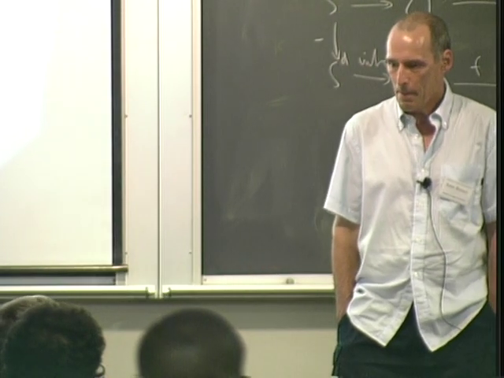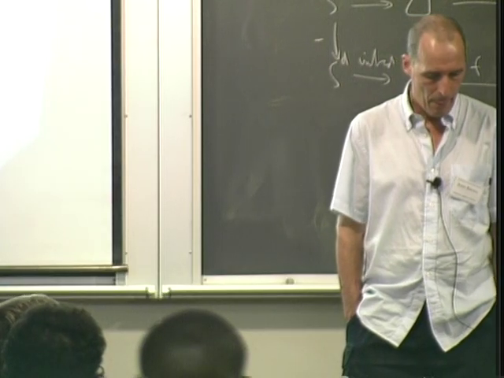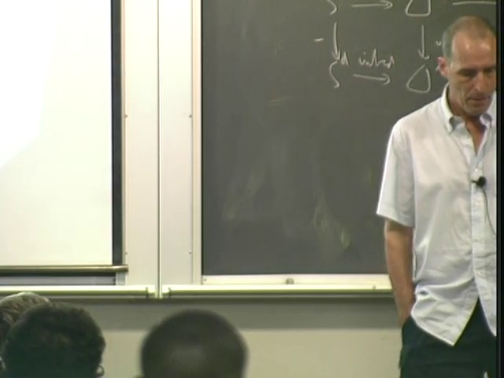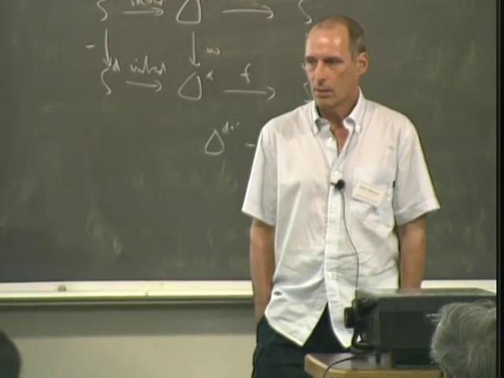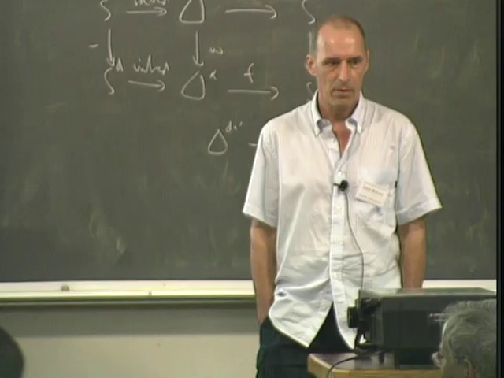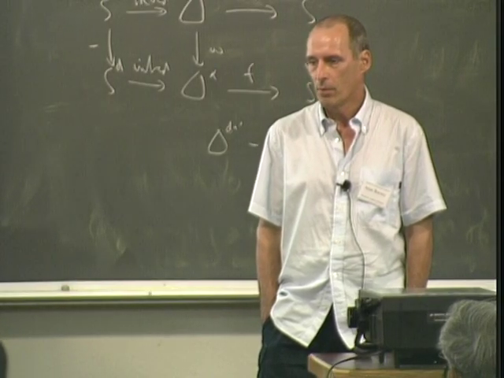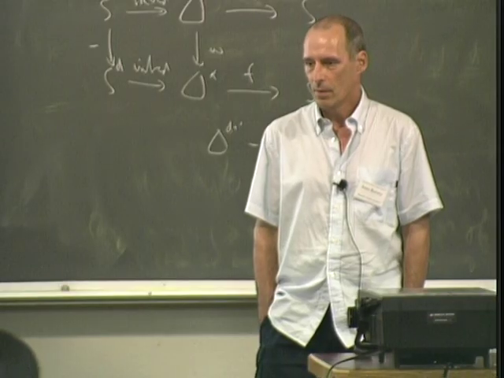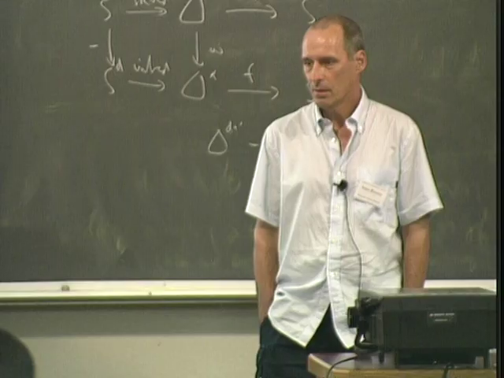Is there a combinatorial proof for the two thieves theorem? Just a purely combinatorial proof? Well, yes. You can put it together from purely combinatorial proofs of the Borsuk theorem, for instance.